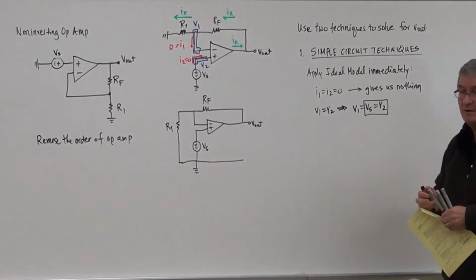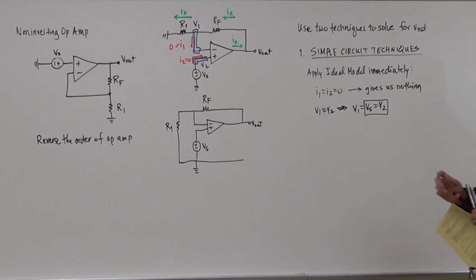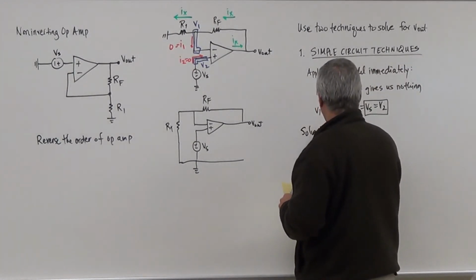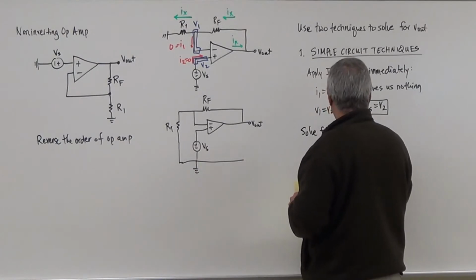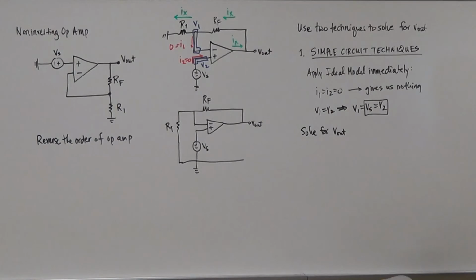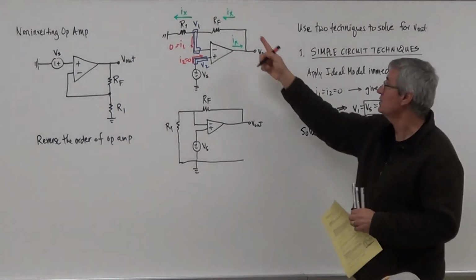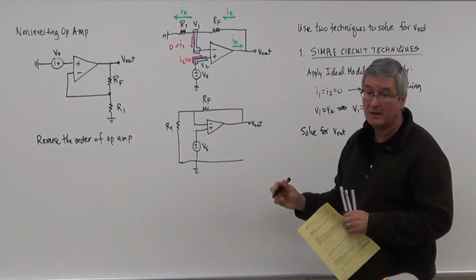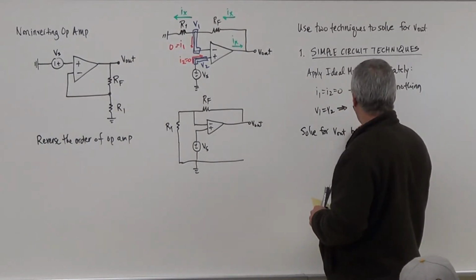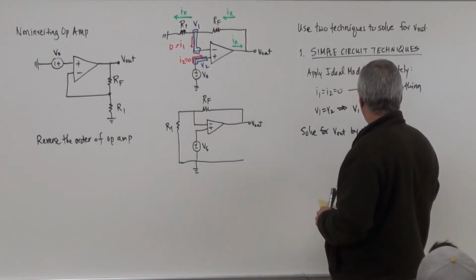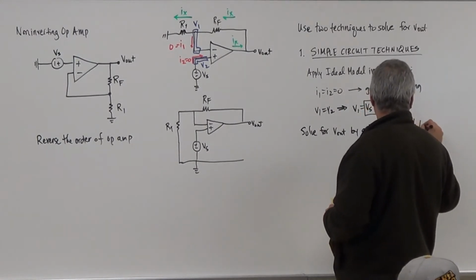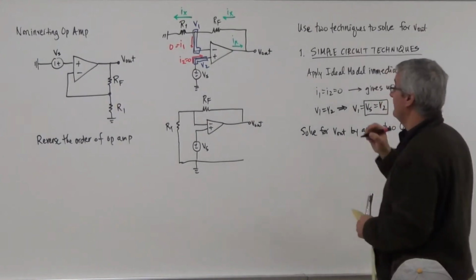So the goal here is to solve for V out. If I solve for V out, I really need to learn the current. So what am I going to do? I'm going to apply Ohm's law, two Ohm's laws. Okay?